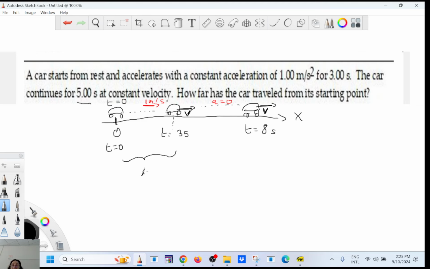So that will be your delta x1, two phases, so delta x2. Once you have done that, it's going to be easy if you know your equations. Acceleration here, no acceleration. One kinematic equation, another kinematic equation with no acceleration.